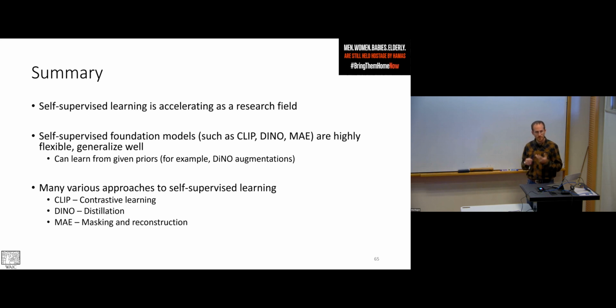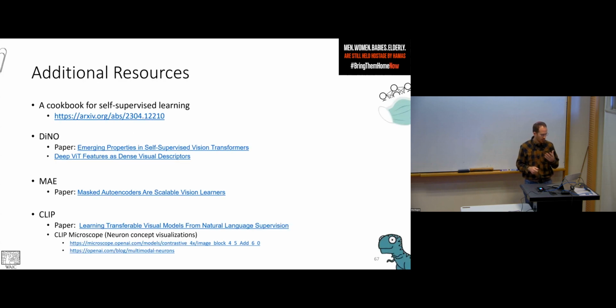But there are many variations on top of these. These are by far not the only 3 methods that exist, and you can read more about these different models. There's also this self-supervised learning cookbook, which has an overview of many methods and approaches for self-supervised learning.